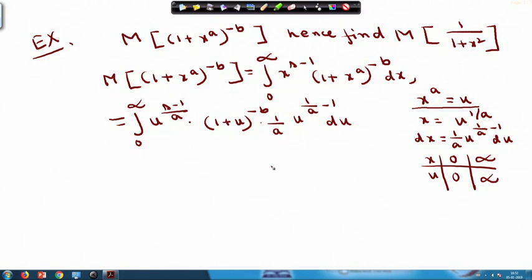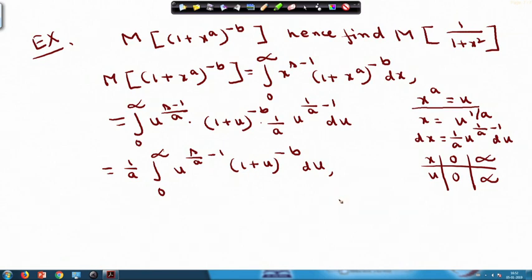If I simplify this, then this will be equal to 1 by a coming outside, integral 0 to infinity of u to the power s by a minus 1 into 1 plus u to the power minus b into du.